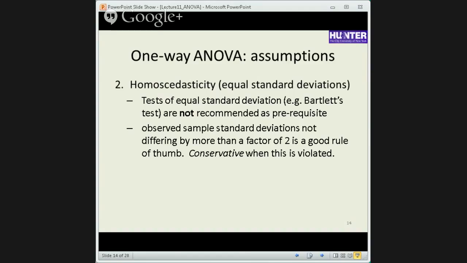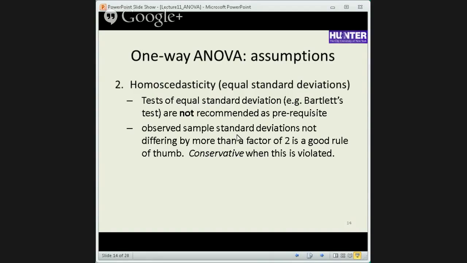That's because Bartlett's test is very sensitive and detects any difference, whereas ANOVA is very robust, and those tiny little waves really don't matter to ANOVA. And to make it worse, the larger your sample size, the more powerful this test gets. So if you had n equals 10,000, Bartlett's test will give you a tiny p-value if there is any difference. But with larger sample sizes, the less it matters for ANOVA.